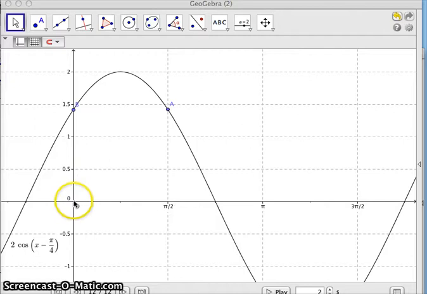The distance from 0 to pi over 2, remember pi is 3.14159 and so on. Pi over 2 is 1.57. So this distance is 1.57. That's extremely, extremely important. Otherwise, your answer will be a little crazy. So suppose we want to estimate the length of the curve of this function from 0 to pi over 2.